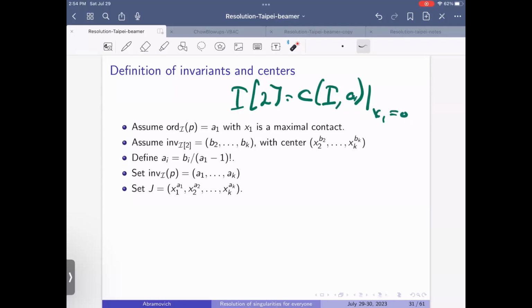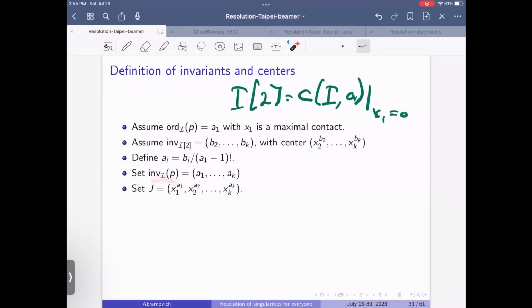Now, the coefficient ideal was obtained by putting high powers of various ideals. I need to scale back so that everything is back to the level A1. So I divide the BI by A1 minus 1 factorial. That guarantees that I take A1 factorial and divide it by A1 minus 1 factorial, I get A1. Okay.